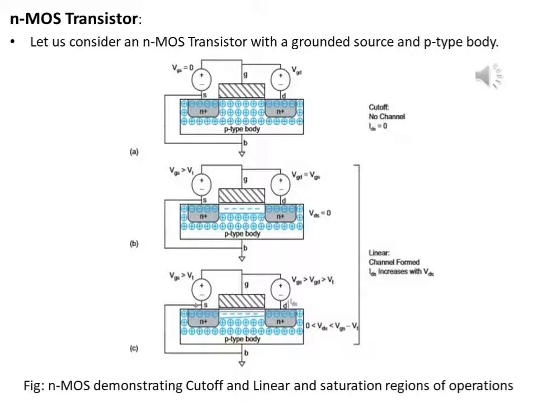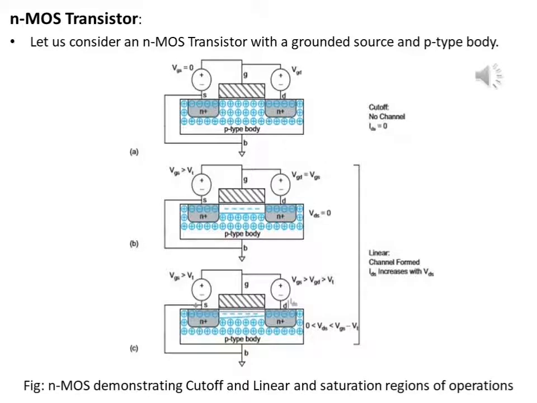When VGS is less than the threshold voltage and the source is also grounded, the junctions between the body and the source or body and the drain are zero biased.